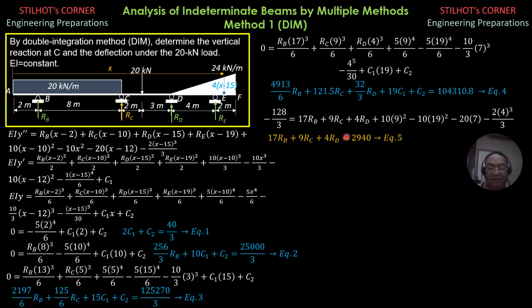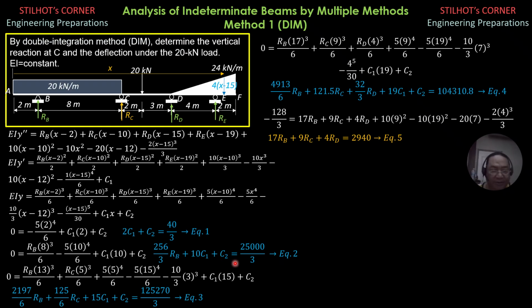I have here color coding because these orange equations would be used in solving the unknowns. So from equation 1, C sub 2 is 40 over 3 minus 2 C sub 1. Let's substitute that into equation 2 to reduce the number of unknowns to 4, so that it will be manageable.